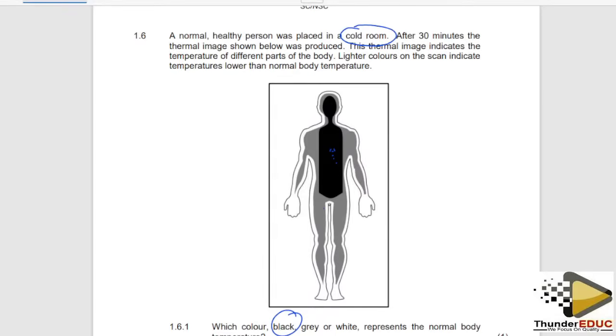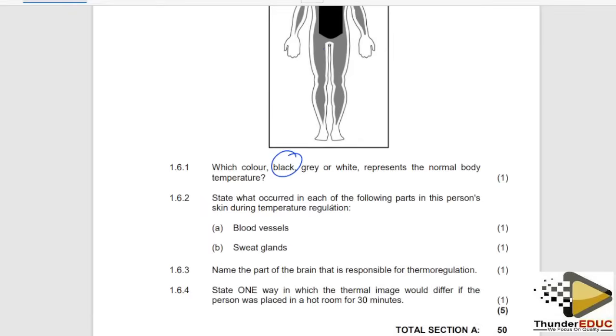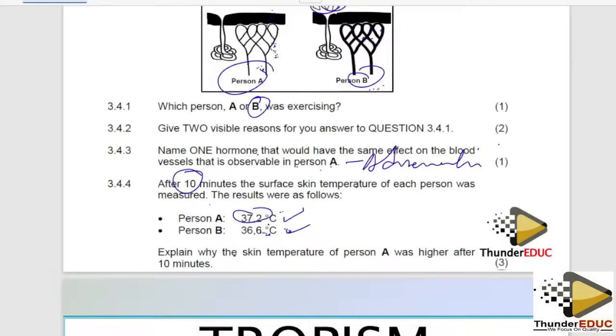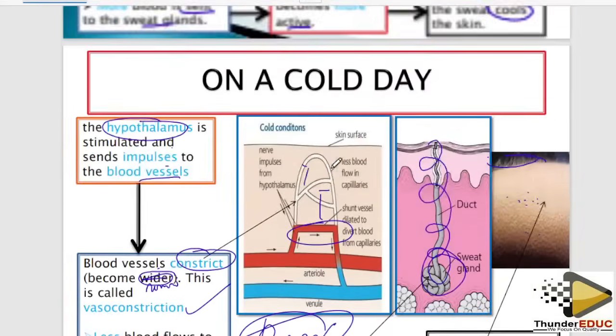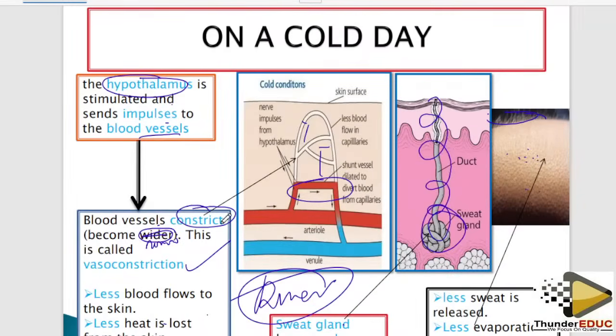Cold room. Definitely, if it is a cold room, then automatically the blood vessels will constrict. Because it is a cold day, vasoconstriction.